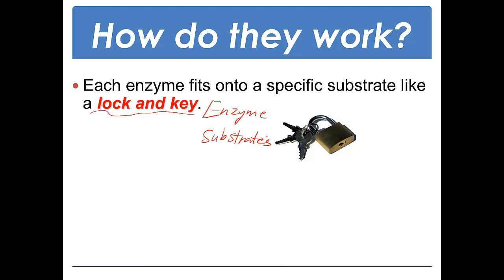How many keys do you need? You only need one key, right? So if you have one enzyme, that's the least amount you need. It can help with the chemical reaction on the substrate thousands, millions of times. So the key would be the enzyme, while the lock will be the substrate.